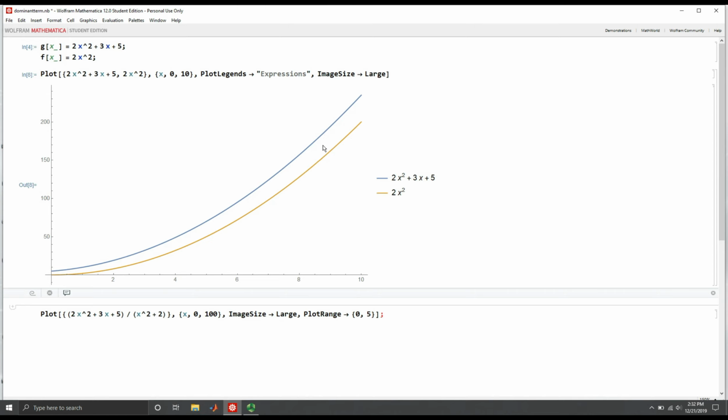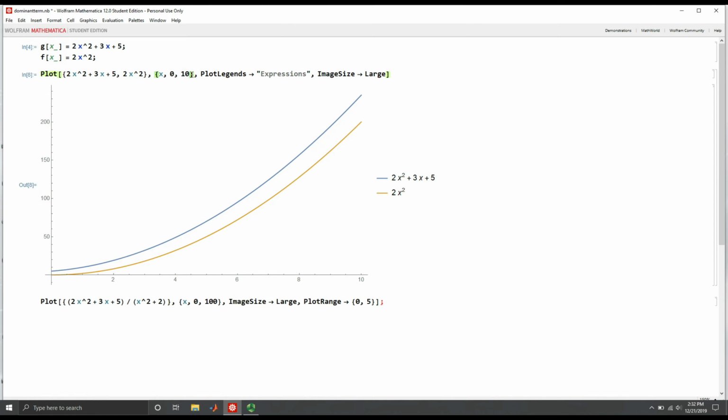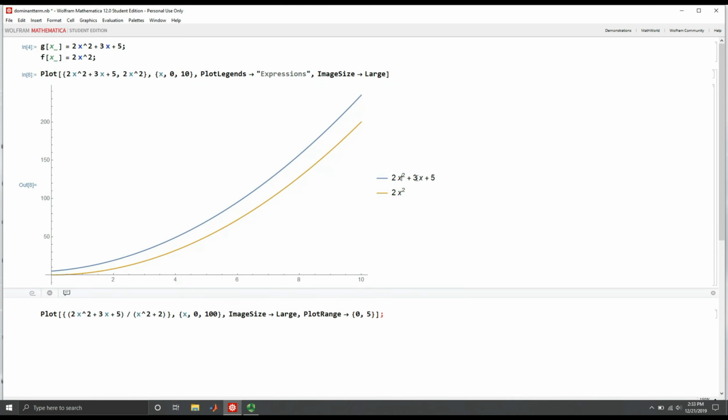Now, as you can see, the two functions are totally different, right? But now I am drawing this function for x values between 0 and 10. So this is in the beginning. Now let's try to draw these two functions for large x values, because we are talking about what happens eventually, right, for large x values. That's what I said. When x is large, these two polynomials that are here, 2x square plus 3x plus 5 and 2x square, they are almost the same thing, or we can neglect 3x and 5.